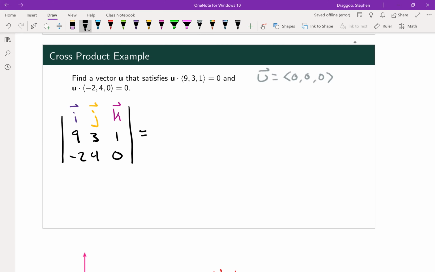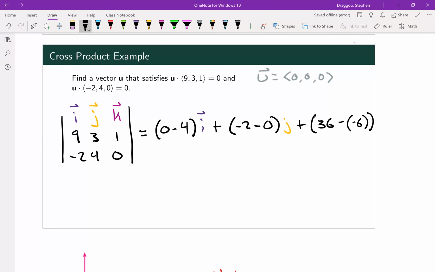If we get the i component, that's going to be 3 times 0 minus 4 times 1, plus into that next position, 1 times negative 2 minus 0 times 9, plus that third one, I'll have 9 times 4, which is 36, minus 3 times negative 2, which is negative 6.